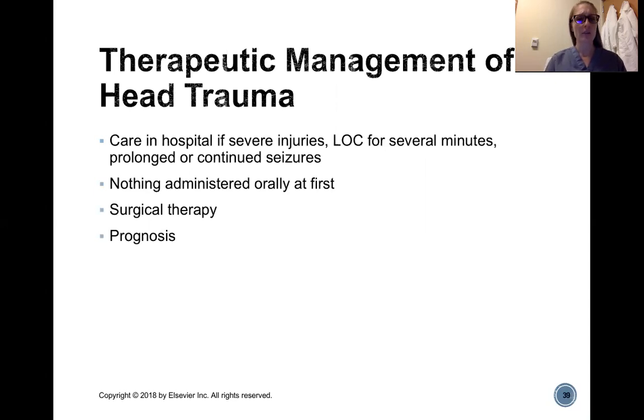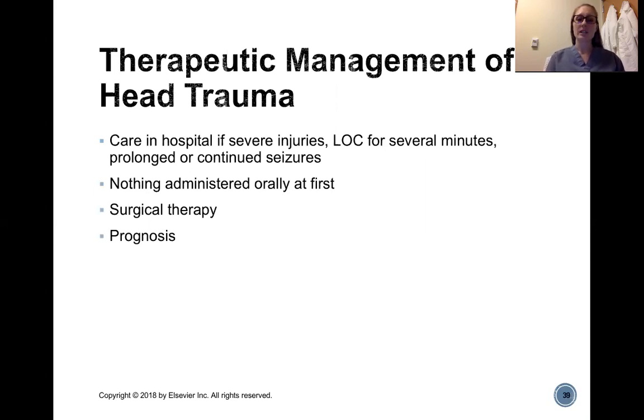We're not going to give them anything orally because we aren't sure if the child's going to begin to vomit, and we don't want the child to aspirate. We're going to think about surgical therapy. So, for instance, with the depressed fracture, we're going to probably be going to surgery.